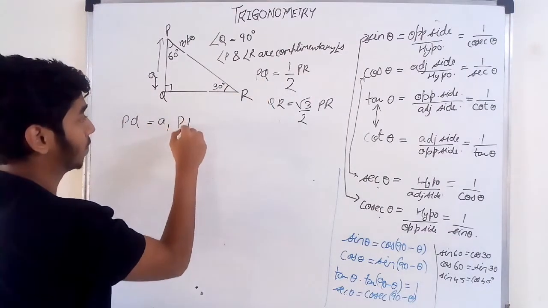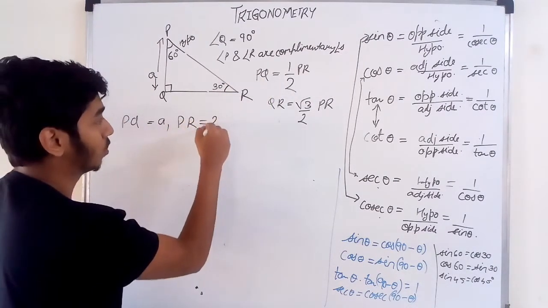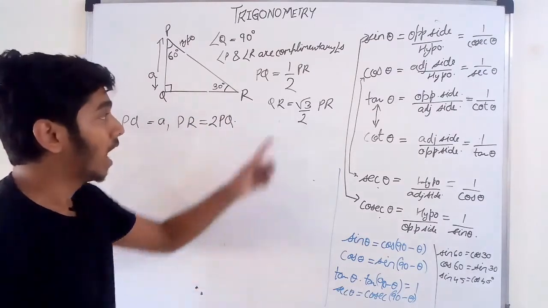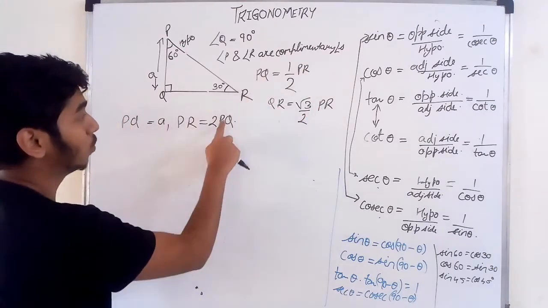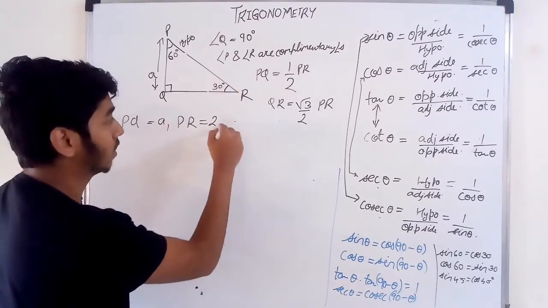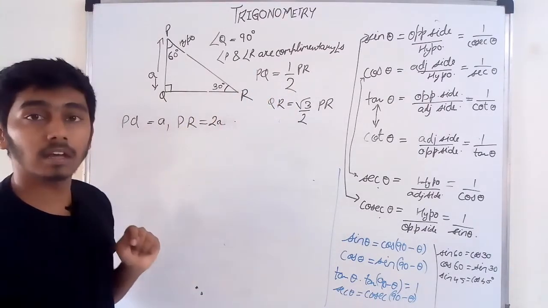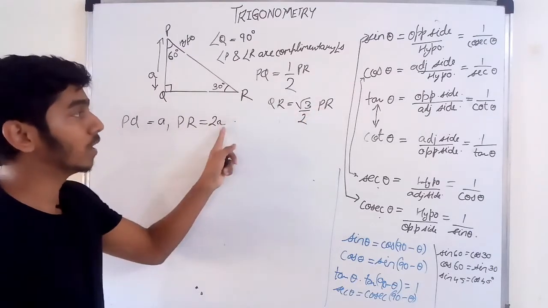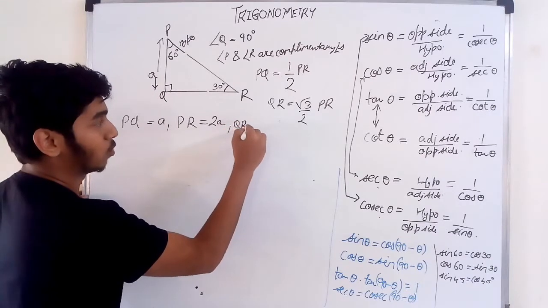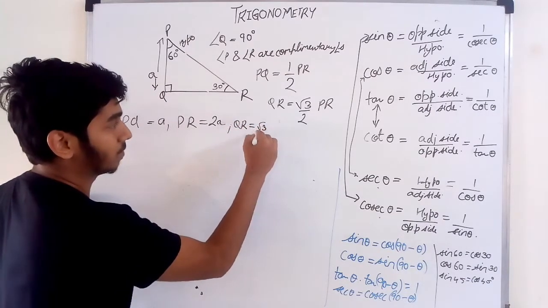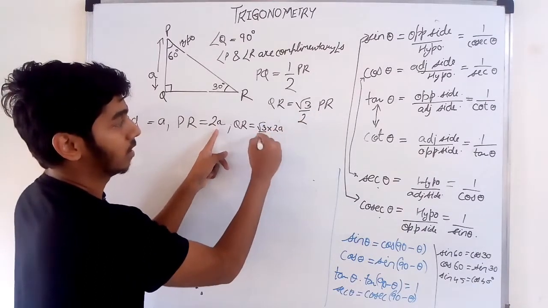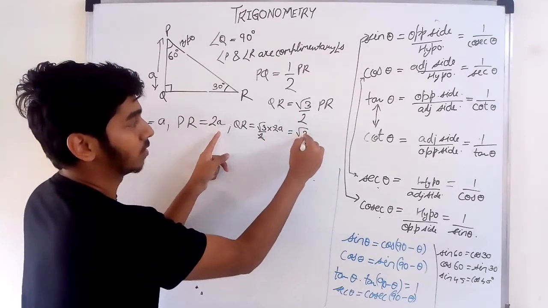That means PR is equal to 2PQ, and PQ is A, so 2A it will be actually, correct? Same way, if PR is 2A, what will QR be? Therefore, we can say QR will be root 3 by 2 PR, right? So PR is 2A, so just substitute that. 2 gone, you get root 3A.